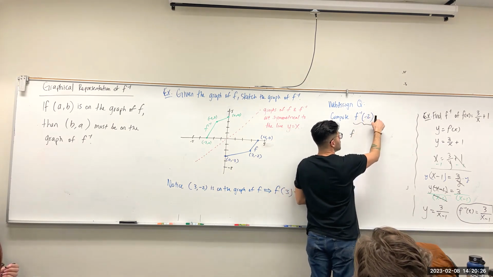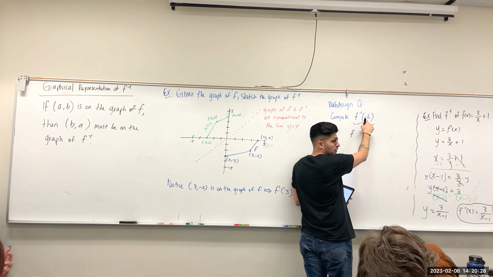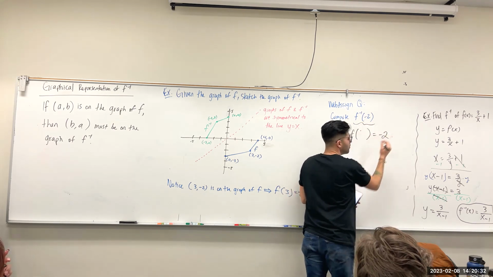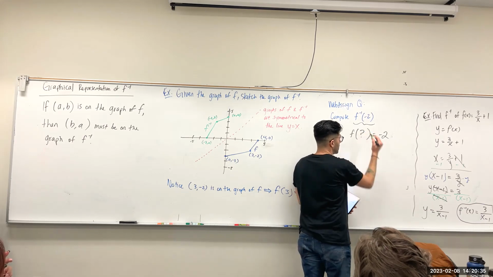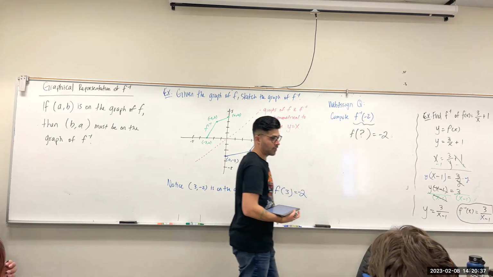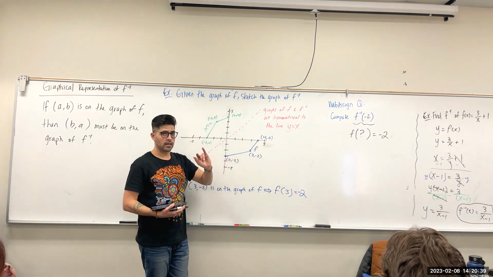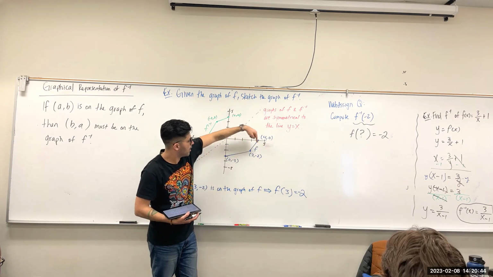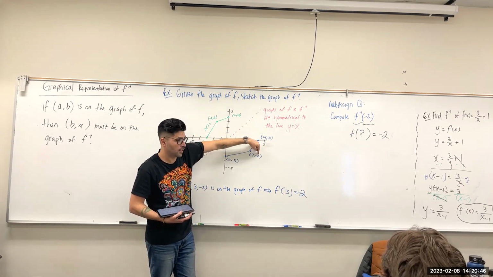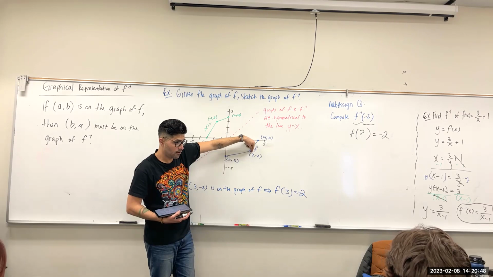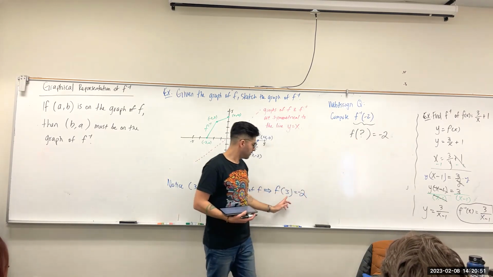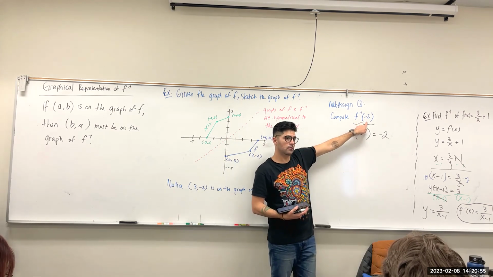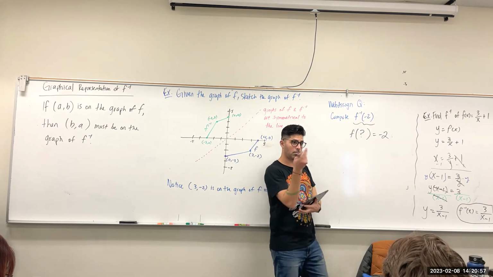This is the input for F inverse, right? So for F, it needs to be the output. You kind of got to think a little backwards. On the graph, where does the graph output -2? It outputs it here when I input 3. Because you input 3 into F to give you -2, what should F inverse of -2 equal? 3, because they swap. Okay.